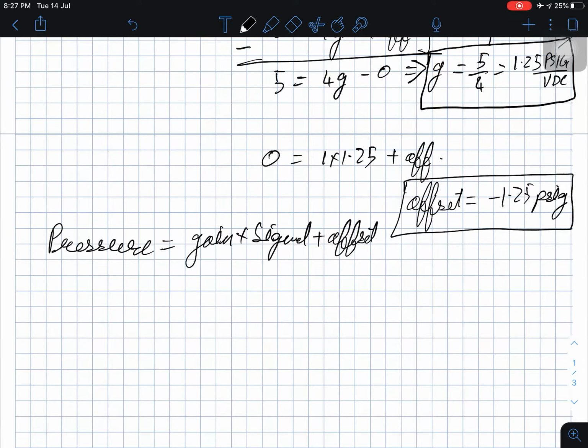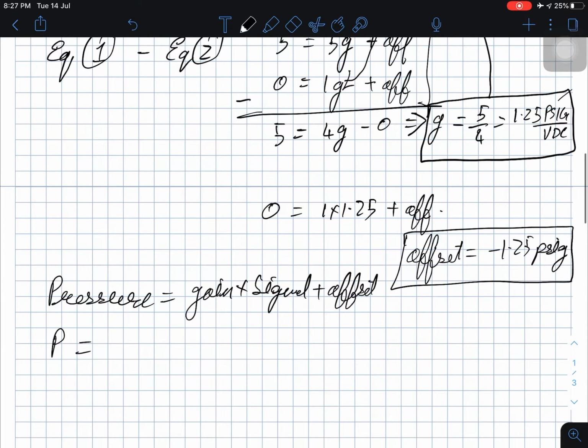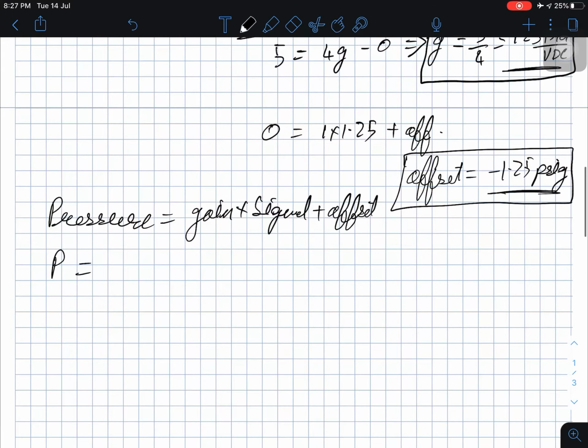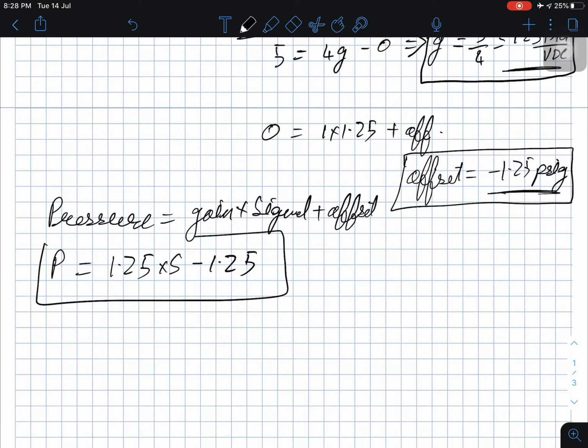So now we know that gain is nothing but 1.25 and offset is minus 1.25. So we can write 1.25 times signal plus offset, which is basically minus 1.25. So this is how the pressure and signal are related for this pressure transmitter.